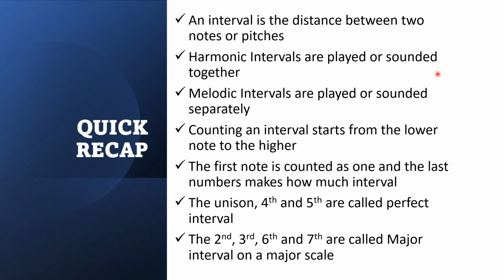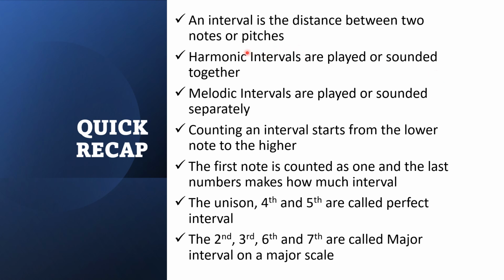And say an octave is the eighth note. So when you count from 1, 2, 3, 4, 5, 6, 7, either in alphabet or in degree, when you get to the eighth note, which is a repetition of the first note, it is called an octave.